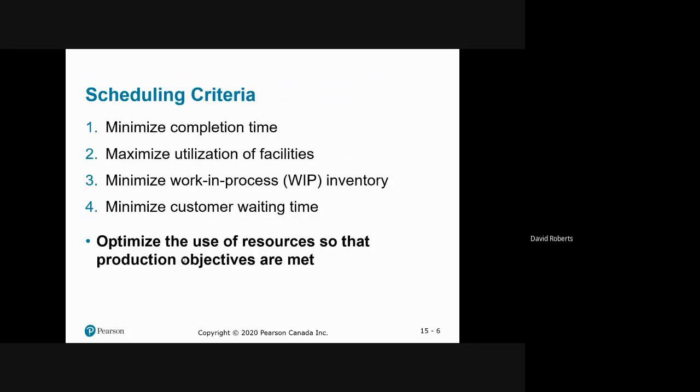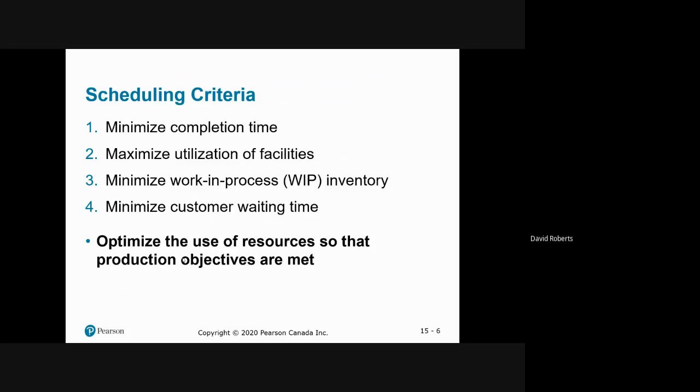You would like to minimize how long it takes to complete. You don't want the goods in your facility any longer than necessary. Same as you as students, you'd like to graduate as quickly as possible so you can get out into the workforce. Of course, you want to maximize your utilization of your facilities. That's fairly straightforward. Minimize WIP. Again, you're paying in school, you are WIP. You are paying for your education.